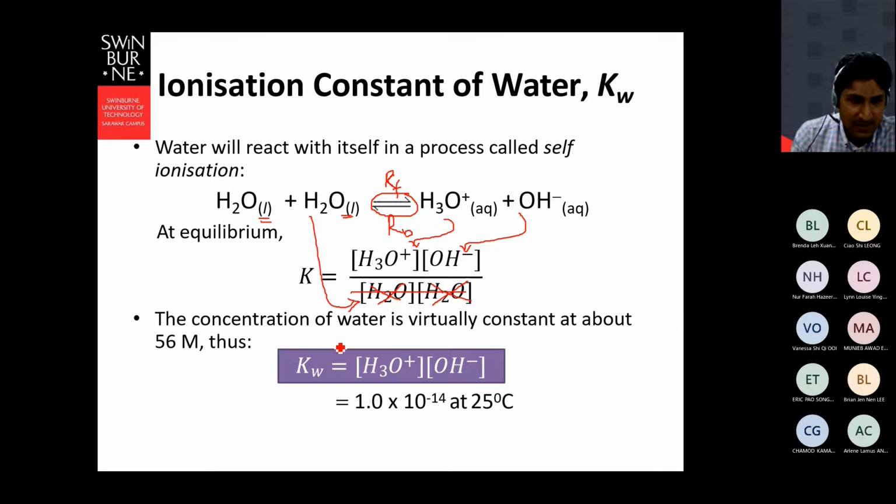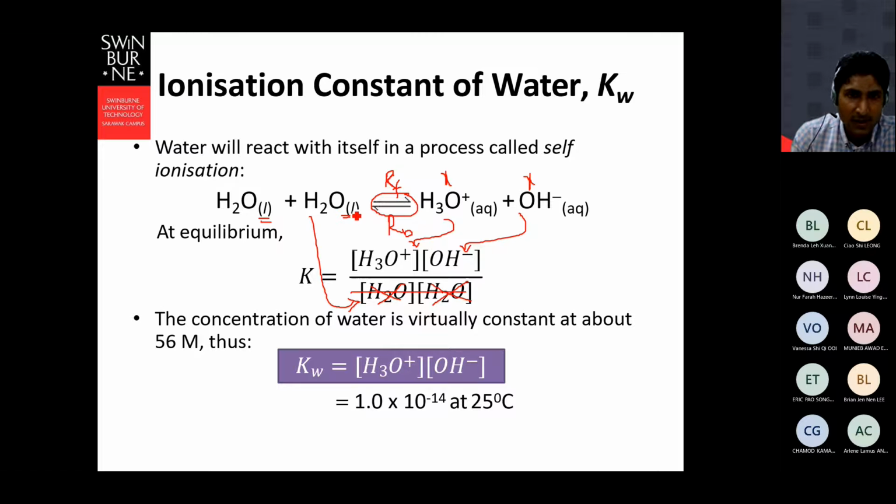And the interesting thing is, at a certain temperature, hydronium ion and hydroxyl ion will be the exact same amount. If it is X amount, it will be X amount, because this hydronium ion is produced from breaking down this water, or ionizing the water. So to produce one hydronium ion, one hydroxyl ion will be a byproduct.